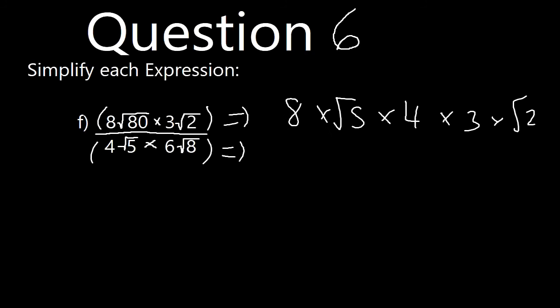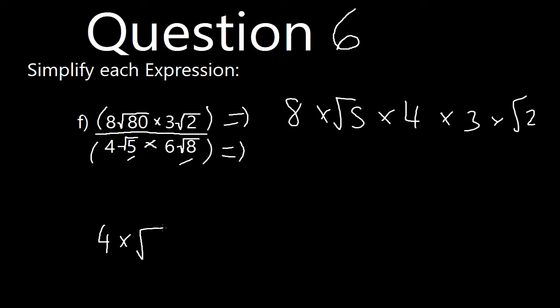So what about our denominator? Do we have any ugly ones? So we don't really. We have 5 and we have 8. So 8 is a little bit ugly because I know that we can pull out another square number, which is going to be 4. So this 5 here is a prime number, so that needs to be left in its final form.